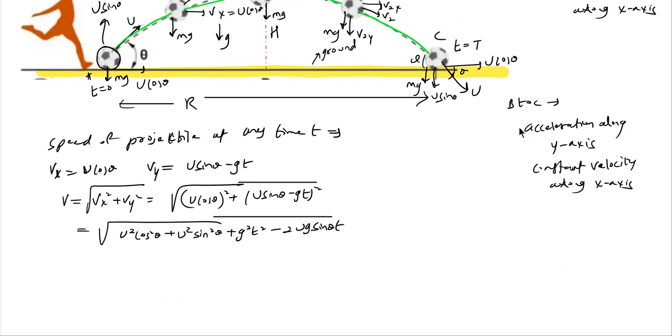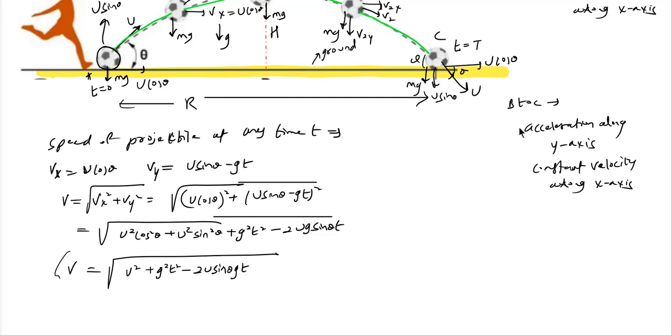Further simplifying, how did this come? Expanding this, we'll get this much. Okay, agreed? Now again, look at this one: u squared cos squared theta, u squared sin squared theta. Everything will become u squared plus g squared t squared minus 2 u g sin theta into t.